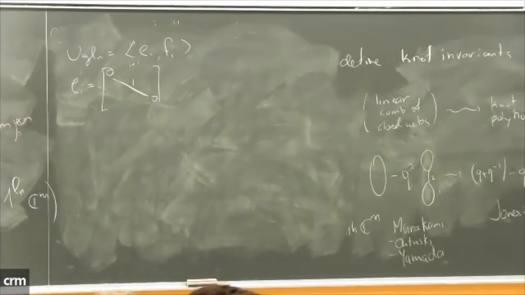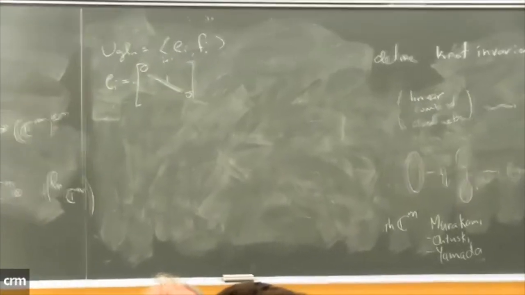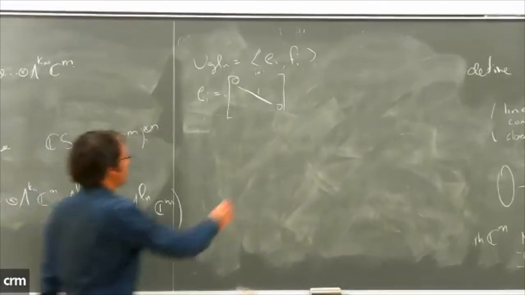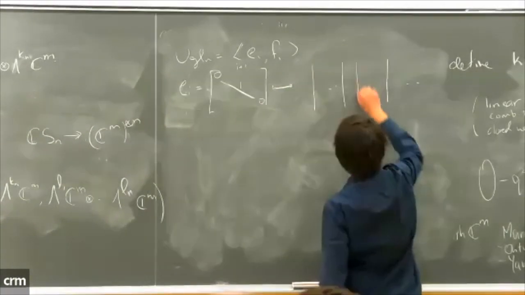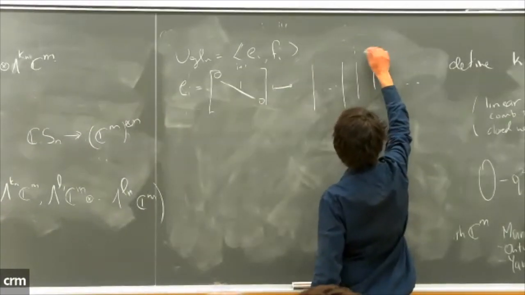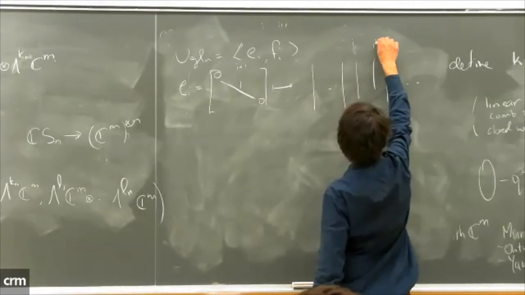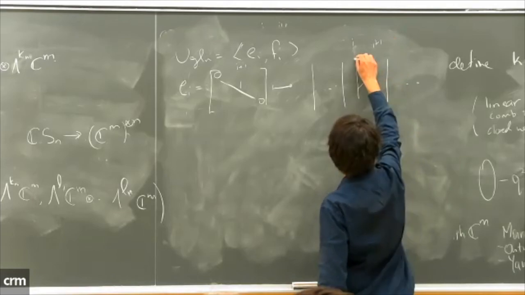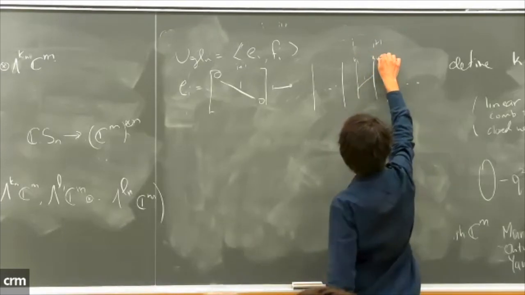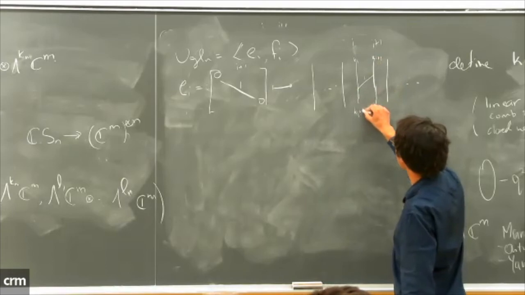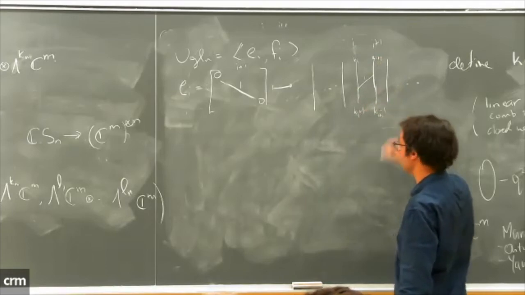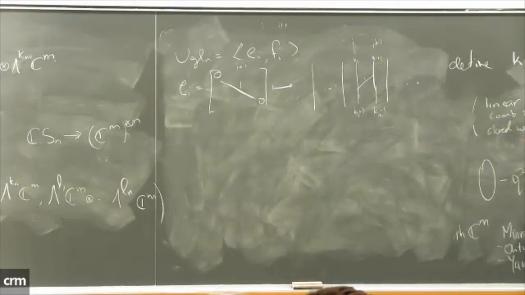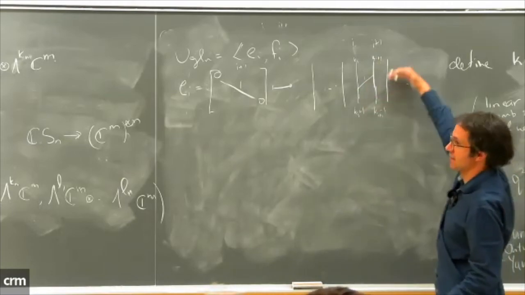Under this action, E_i gets mapped to a diagram with the i-th and (i+1)-th strands, and it sends a 1 across this way. The label K_i is increased and the label K_{i+1} is decreased. So E_i corresponds to this diagram.